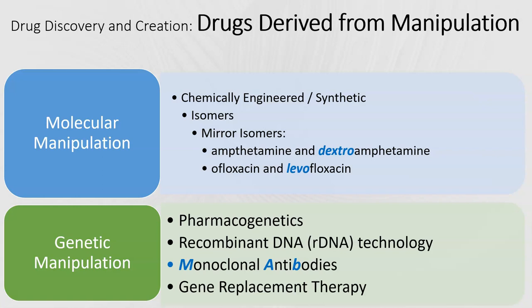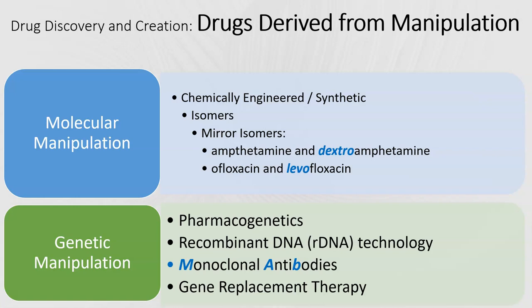Now, one of the things about this, changing the way that the structure appears, is called an isomer. So some of you may have taken chemistry or may take chemistry in the future. You'll learn about isomers. We do have some medications where we've taken it and we've just kind of twisted it a little bit, and we get what's called a mirror isomer.